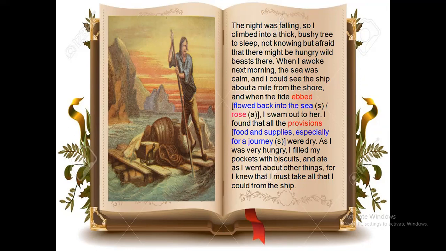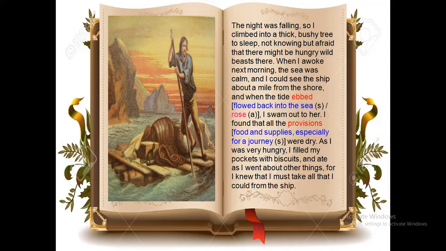Robinson Crusoe immediately swam to the ship because I found that all the provisions were dry. At that time, as the water went down, the ship came up out of the water, and the provisions were dry. What are provisions?